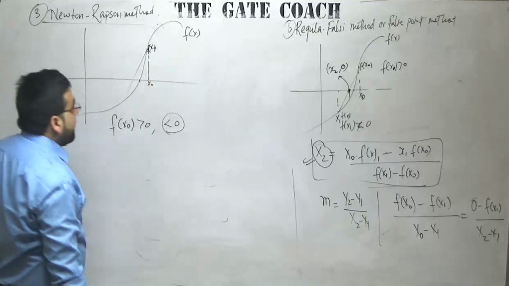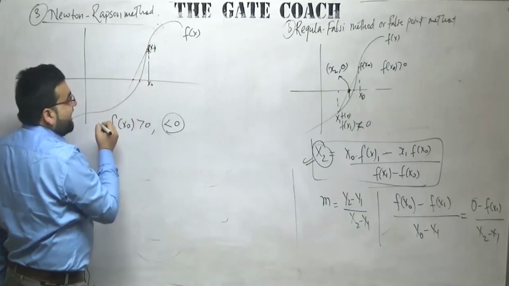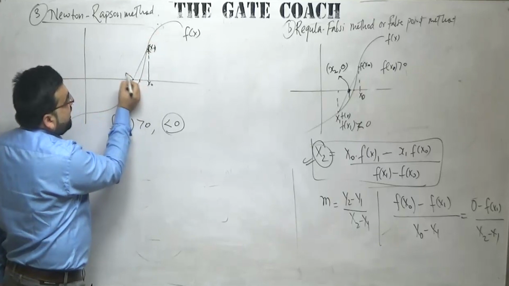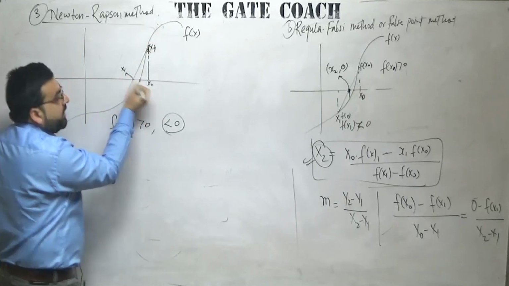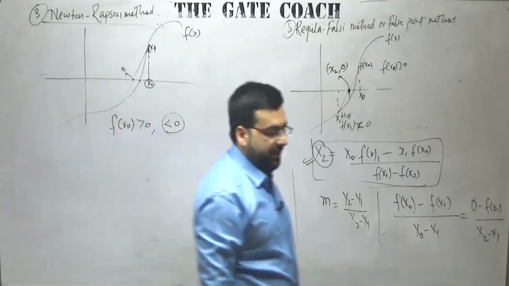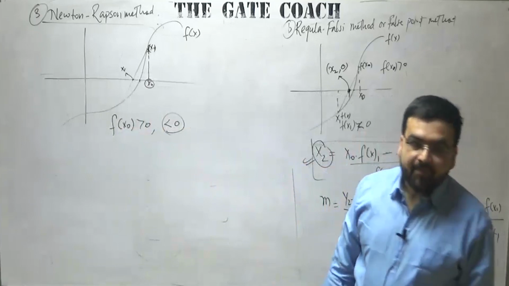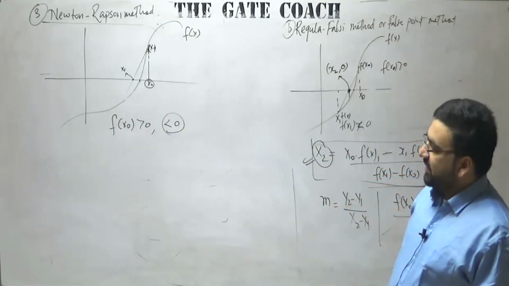The concept is that when this tangent intersects the x-axis, it will intersect at a point, let us say this point is x1. This x1 will be much nearer to the exact root as compared to this x0. This is the concept of the Newton-Raphson method.